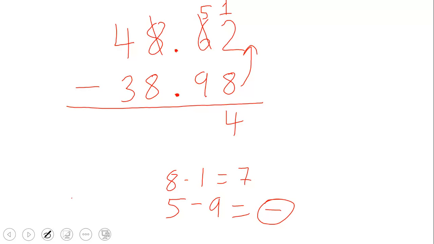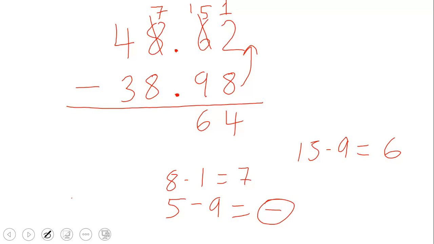So this is going to be 7, and it's going to be 1. Now we have 15 minus 9. What is 15 minus 9? Let's perform the subtraction: 9, 10, 11, 12, 13, 14, 15. So 15 minus 9 is 6. Therefore, we have 6 here.